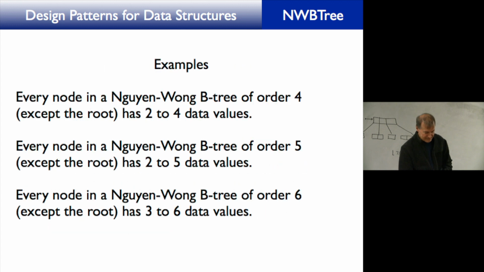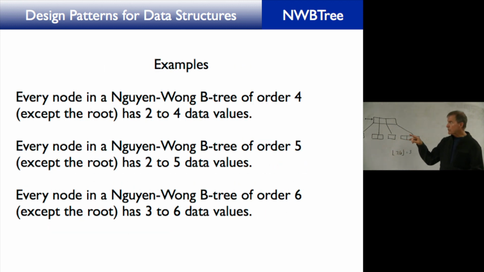All right. So now let's do some examples of what the order means. So first of all, if you have an order 4 Nguyen-Wong B-tree, then every node has, so what's 4 divided by 2? That's 2. So it has from 2 to 4 nodes. And if it's order 5, then it has from 2 to 5 nodes, and if it's order 6, it has from 3 to 6 data values.